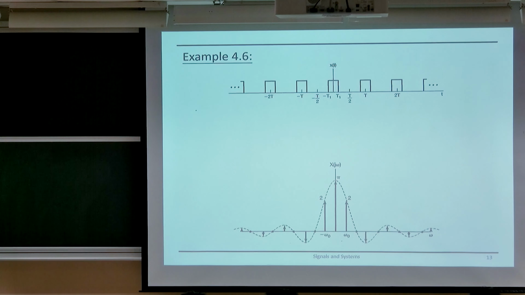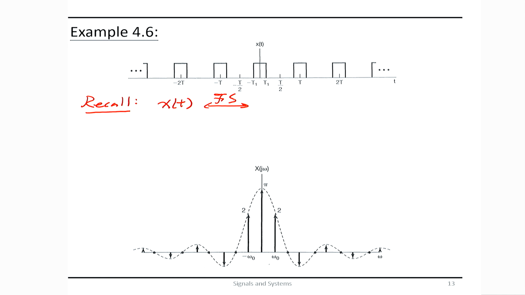So recall that for this signal, x of t, that is a periodic square wave, it has a Fourier series representation, a k, that is sine of k omega naught t1 over pi k, okay, where omega naught is 2 pi over T.